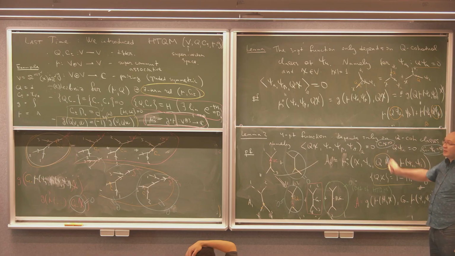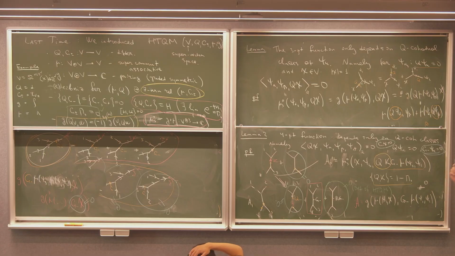But we additionally pose a stronger condition that not only Q of G minus chi is 0, but G minus chi itself is 0. So what does it mean?